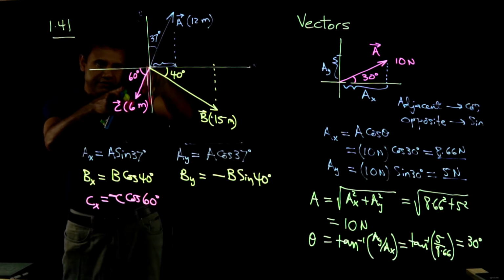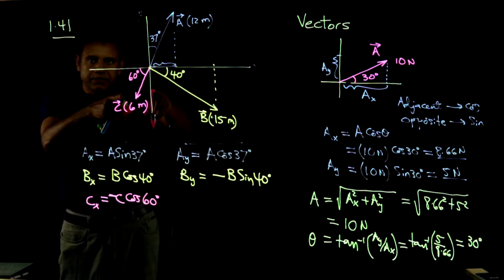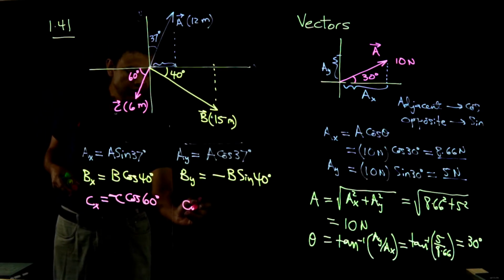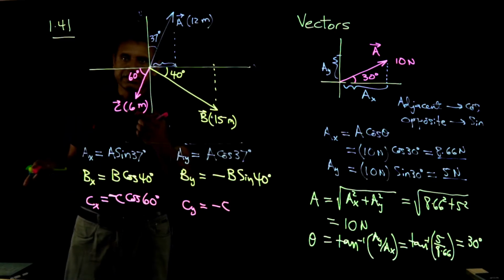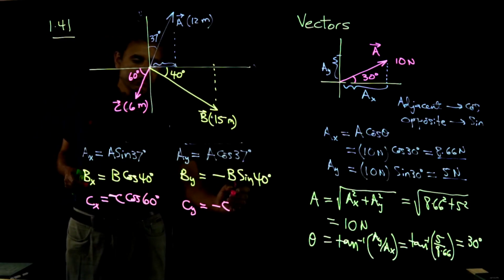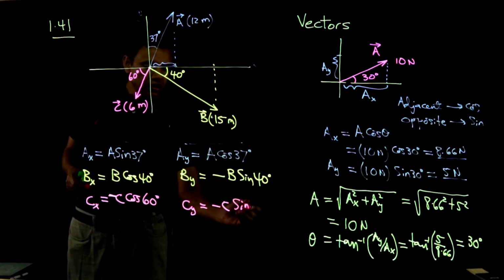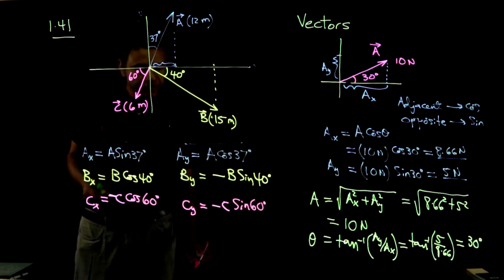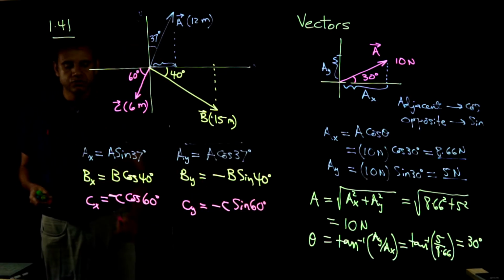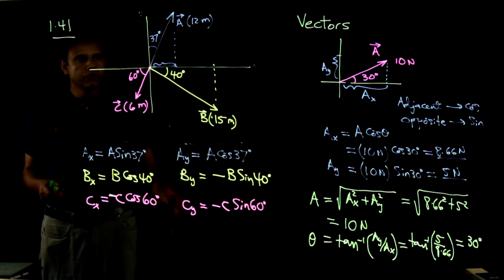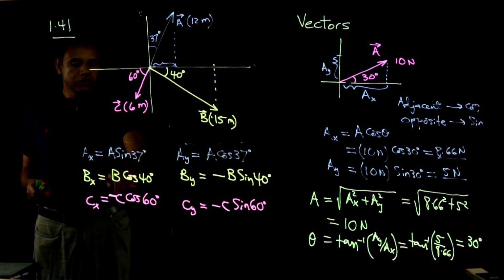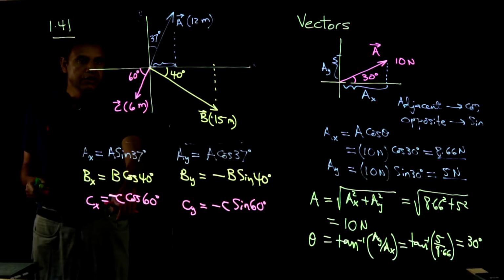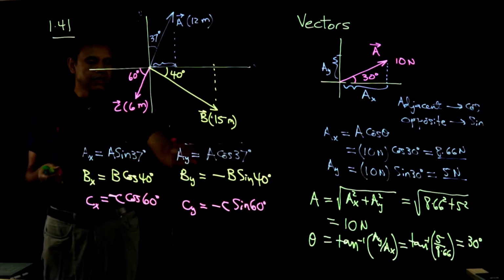Cy is the opposite side, but it's downward, so Cy would be minus C, which is 6 meters, times sine of 60 degrees. So these are the x and y components for all three vectors. You just put the numbers, A is 12, B is 15, C is 6, and then just calculate and you'll get the answer.